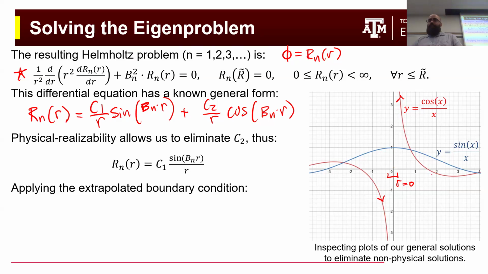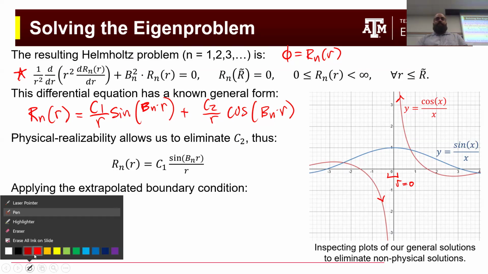Mostly for a problem like this, once I see that I'm violating physical realizability at 0, that is what allows us to eliminate this cosine function from my solution.